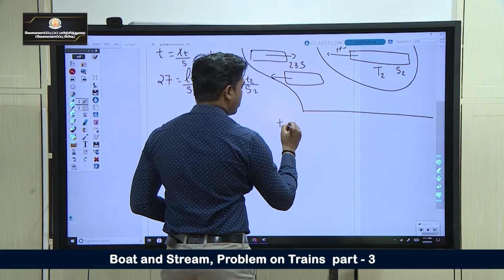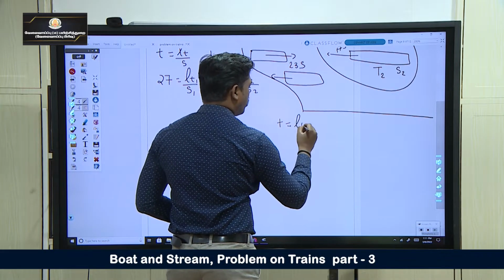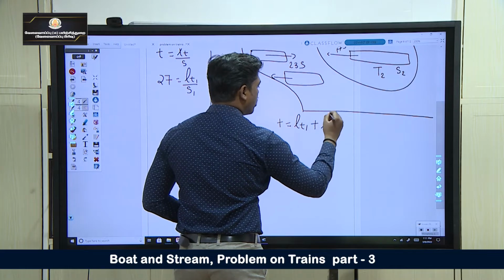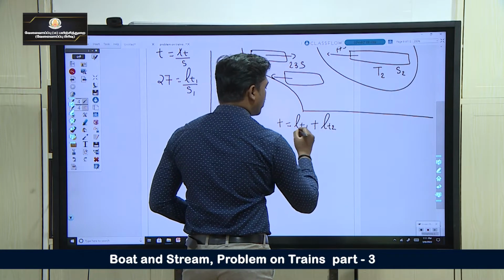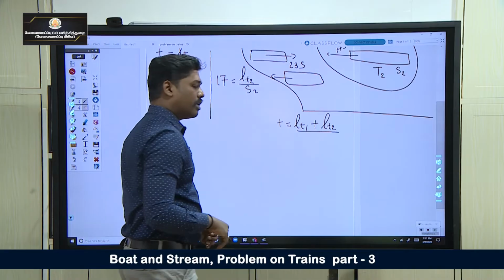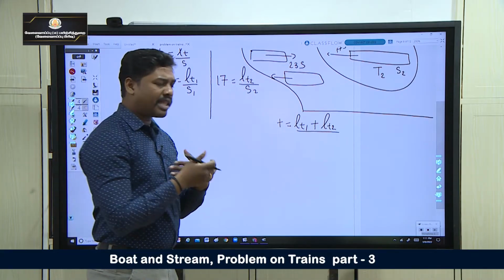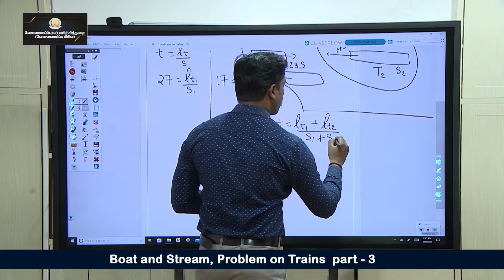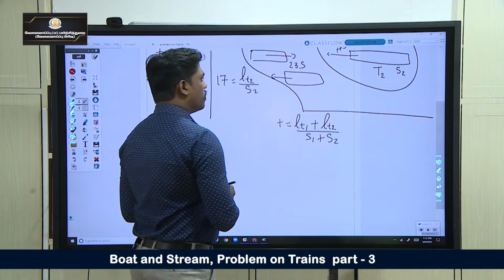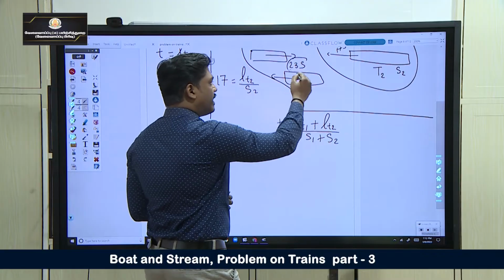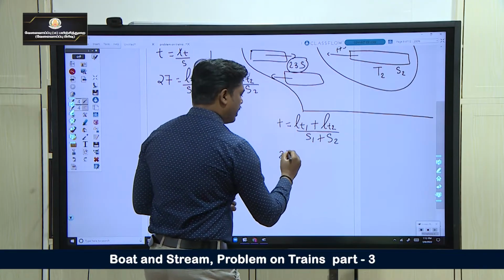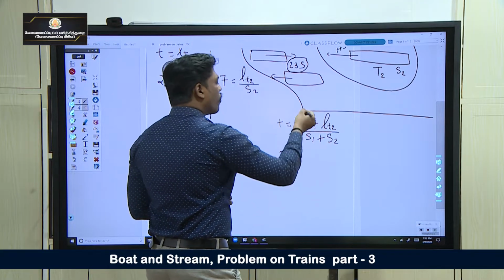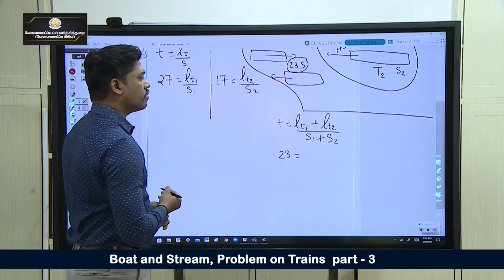So, the formula is time is equal to length of train 1 plus length of train 2 divided by relative speed. They are moving in opposite directions, so it is S1 plus S2. So, they cross each other in 23 seconds. So, 23 is equal to length of train 1 plus length of train 2 divided by S1 plus S2.